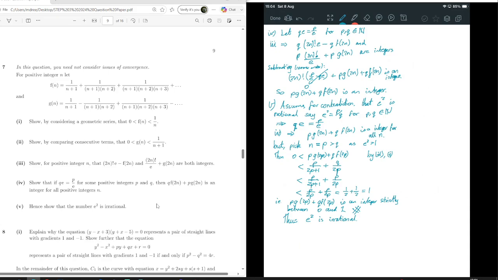And if you are interested, I would recommend you go and look at the proof for e itself being irrational, and you'll notice it's a near identical trick.